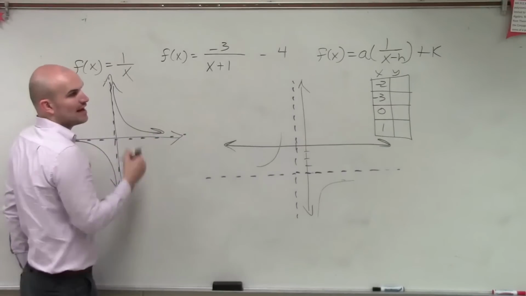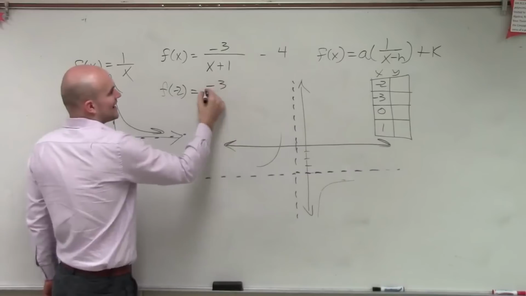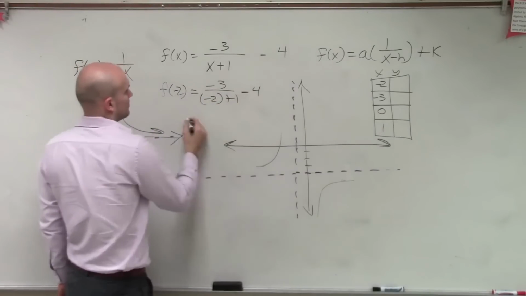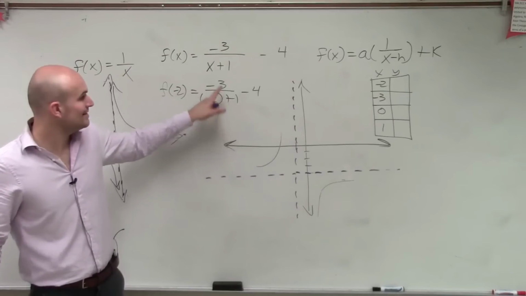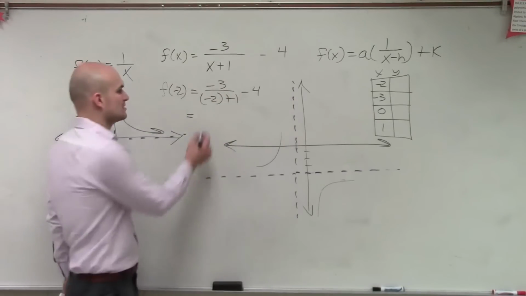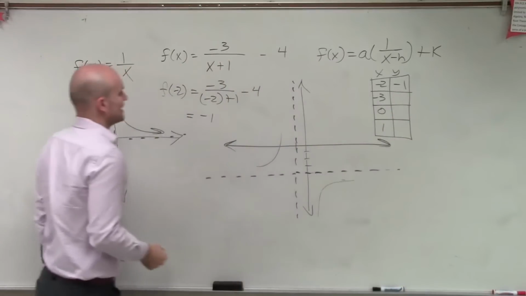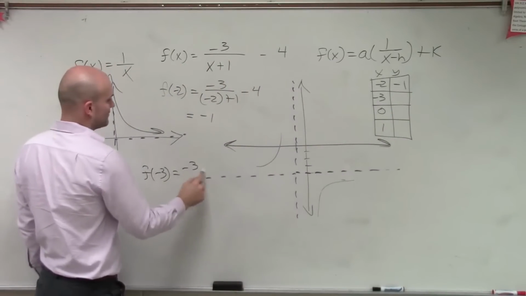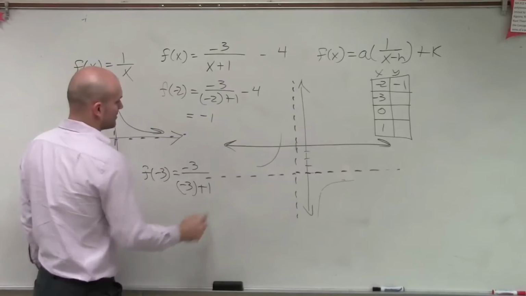So now let's evaluate for our points. So I do f of -2. You plug -2 in for x, right? So we have -2 plus 1 is -1. -3 divided by -1 is 3. 3 minus 4 is -1. Now let's do -3. So I'll do f of -3 equals -3 divided by -3 plus 1.